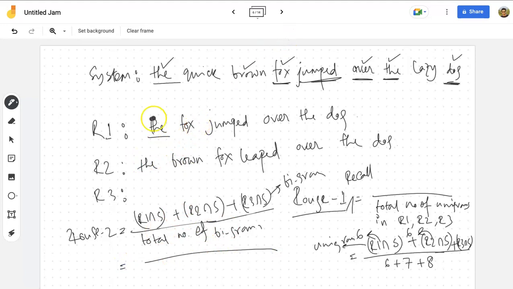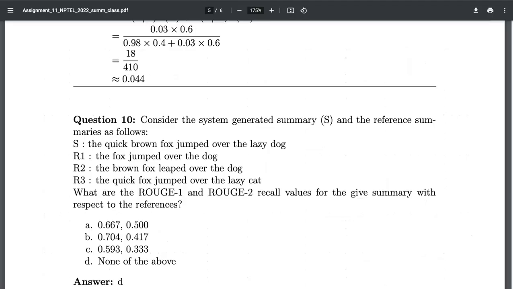So if we just check, the bigram count you can simply calculate from unigram. If you subtract 1, it will give you the bigram count. So in the unigram it is 6, 7, 8, so it will be 5, 6, 7. Basically how to calculate the bigram?